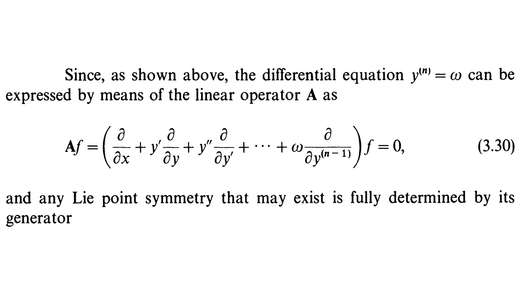Okay, similarly, we all know, we did it in the class, that an nth order differential equation can be put in this shape, which is given in 3.3.0. The f is a function depending on x, y dash, up to y to the n minus 1, and this omega is a function of x, y dash, y double dash, up to y to the n minus 1.